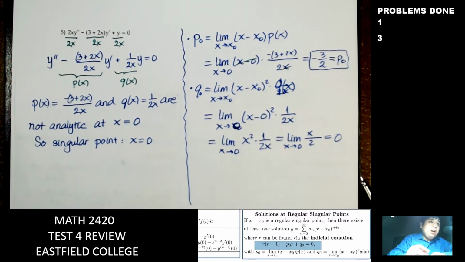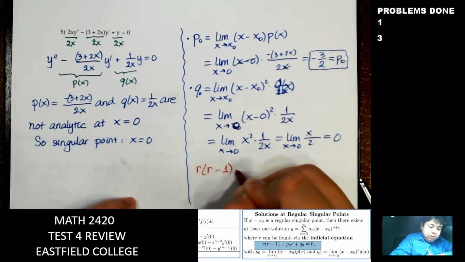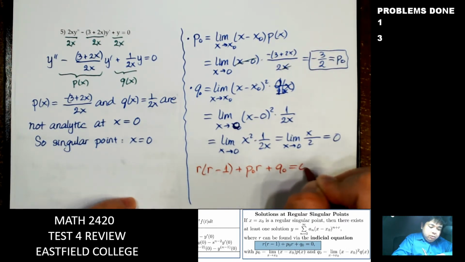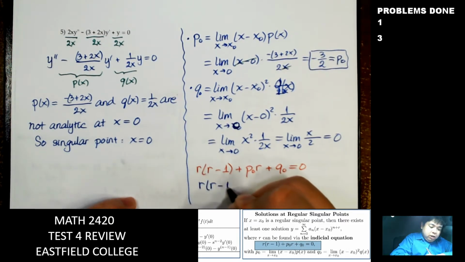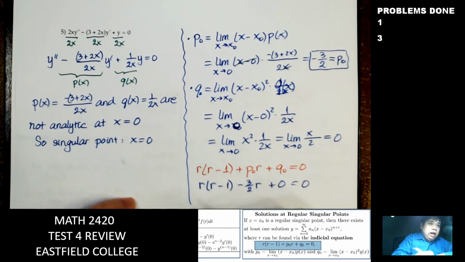We put everything in the initial equation. R times (r minus 1), plus P naught, negative 3/2 r, plus 0 equal to 0, and then we solve it.